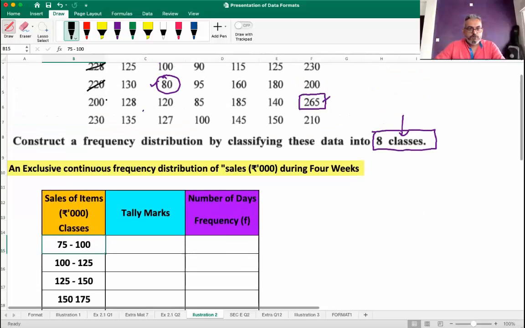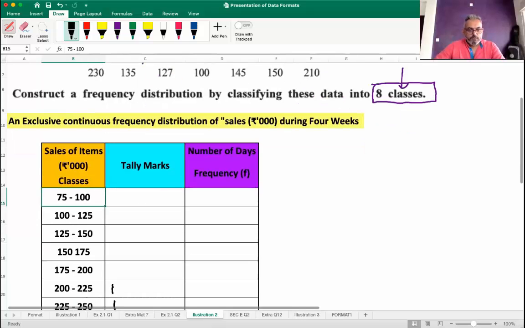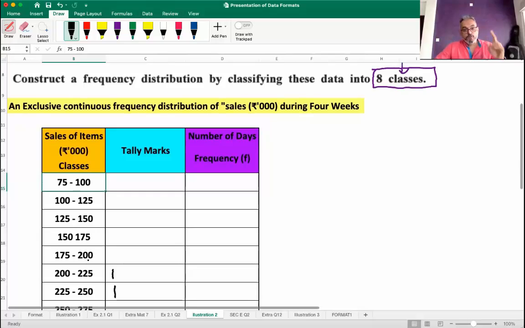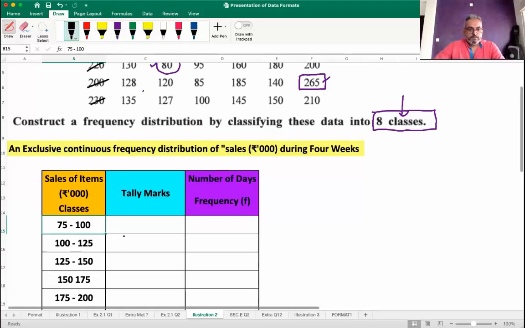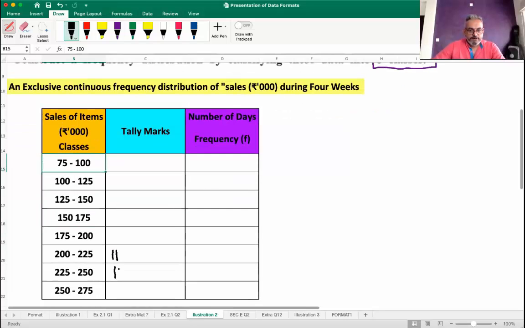Then 200. So 200 will come not in 175 to 200, but in 200 to 225. 230, 225 to 250.